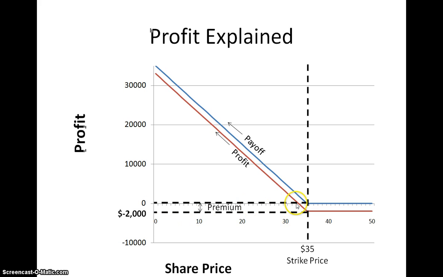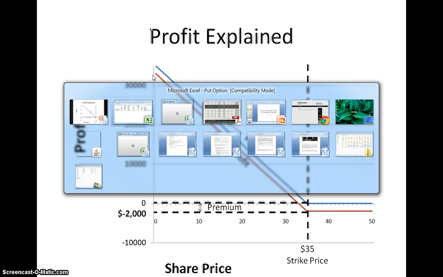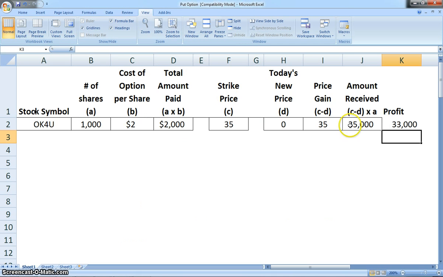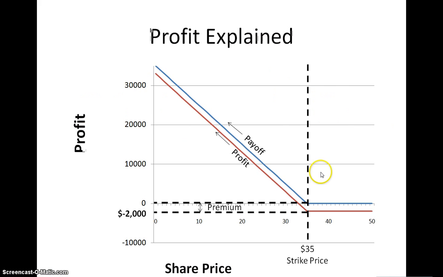That's where you'd break even. Now at $0, your profit was the $33,000 that we had shown on the Excel spreadsheet, and the total amount you received, the payoff, was the $35,000. So this is just showing you how visually your downside is limited to the premium that you paid, and your upside does have a limit here.